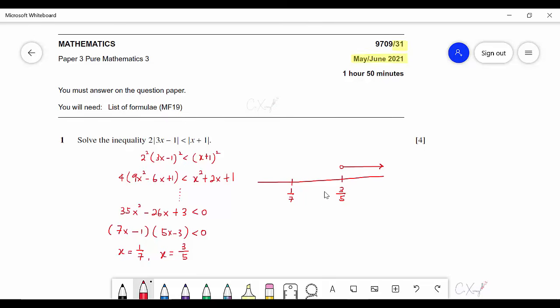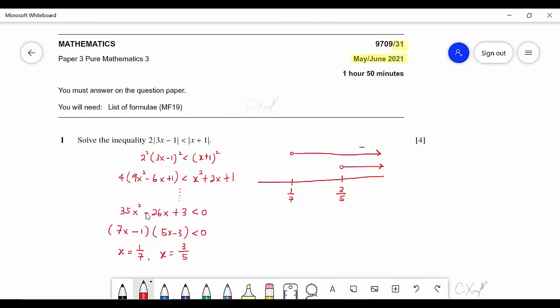For the value 1 over 7, it refers to the bracket 7x minus 1, and any value more than 1 over 7 makes it positive, so I also draw the arrow to the right from 1 over 7.